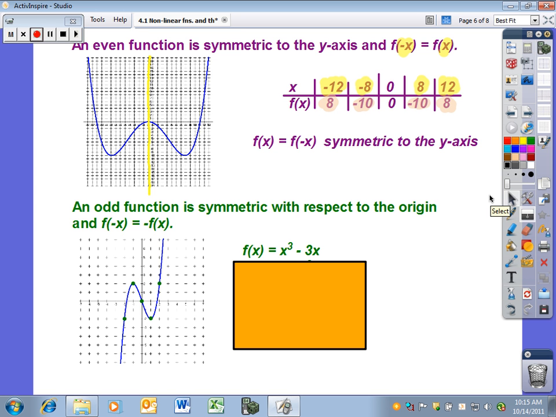So if I look at this origin right here, this function, if I fold there, this function is symmetric around the origin. In other words, I could rotate it so it is identical on either side of the origin. So if I take this and fold it in there, this piece would fold into here.